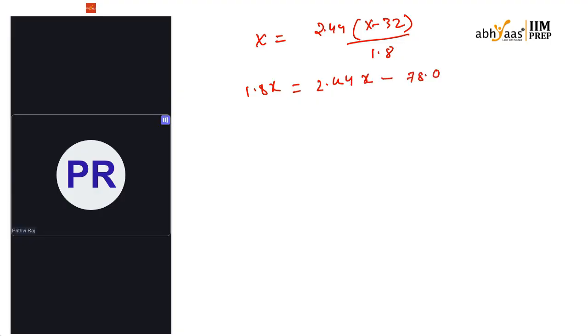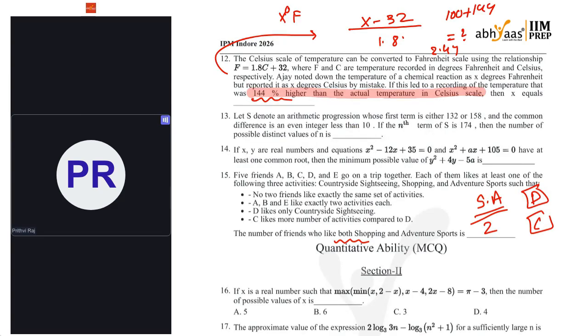X is equal to 2.44 times X minus 32 divided by 1.8. So 1.8x is equal to 2.44 multiplied by x minus 32, which is 78.08. Now if I solve everything, 0.64x is equal to 78.08. It is 128.